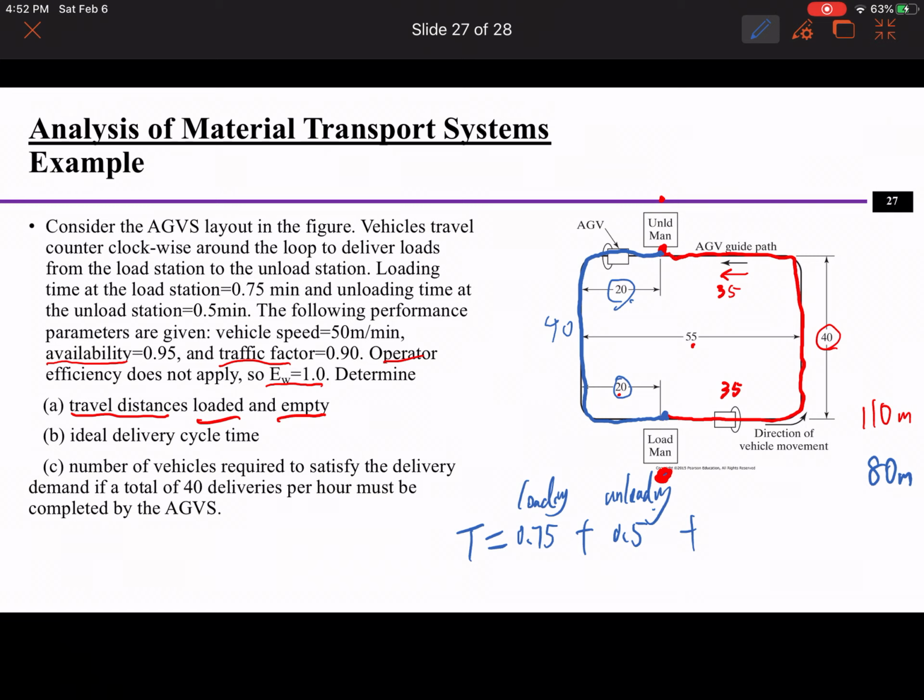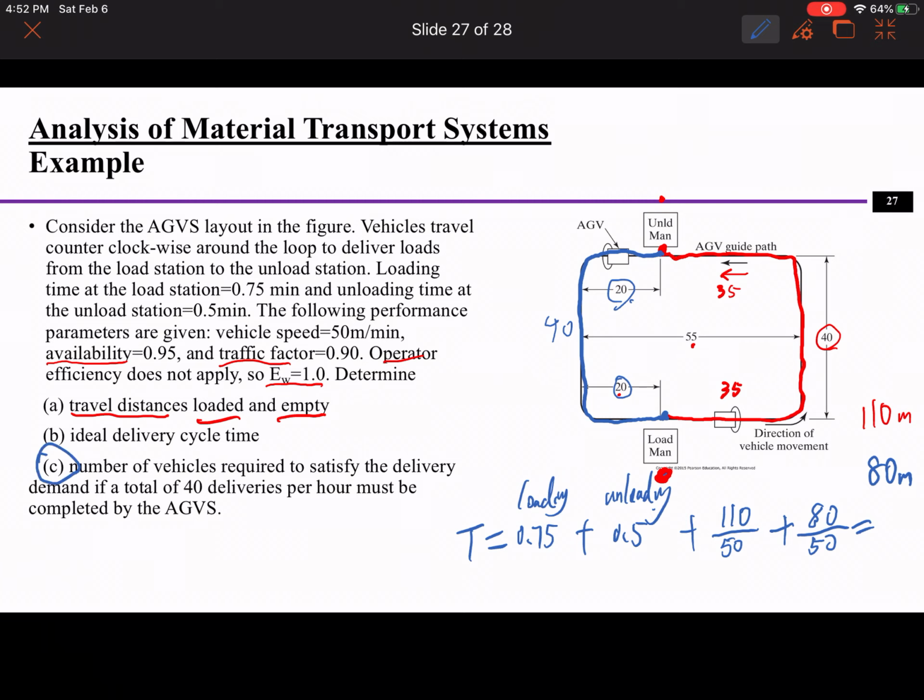We know the distance is 110, and the speed is 50 meters per minute. And also we need to calculate the blue line's time, which is 80 divided by the speed. Then we can calculate the cycle time.